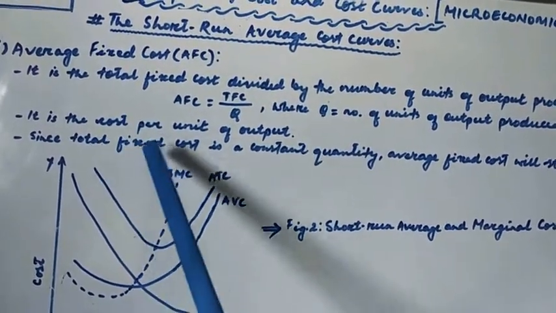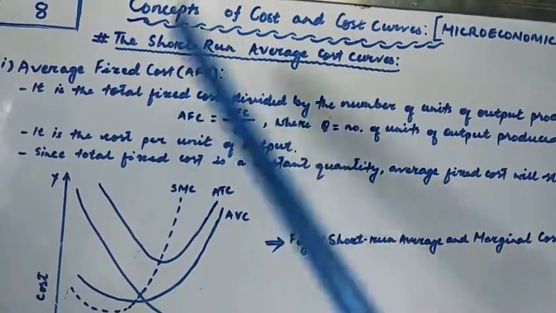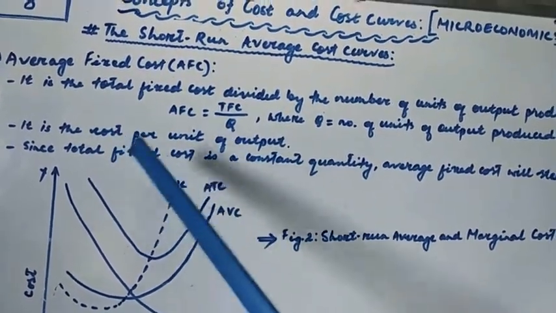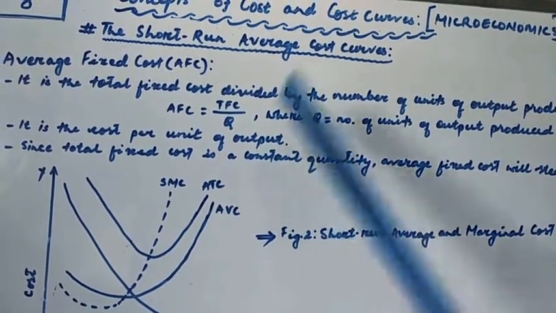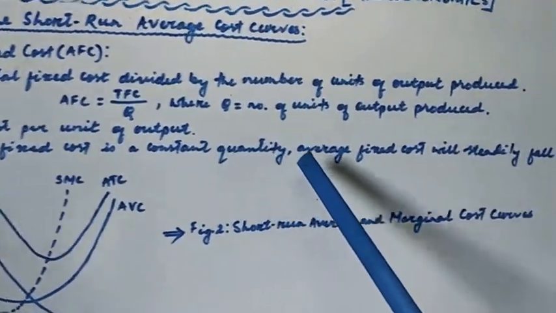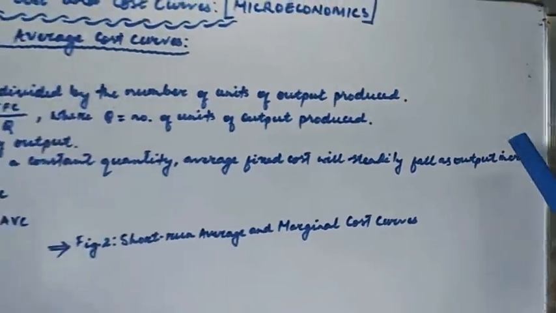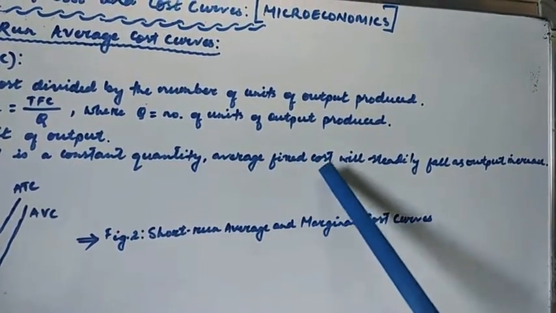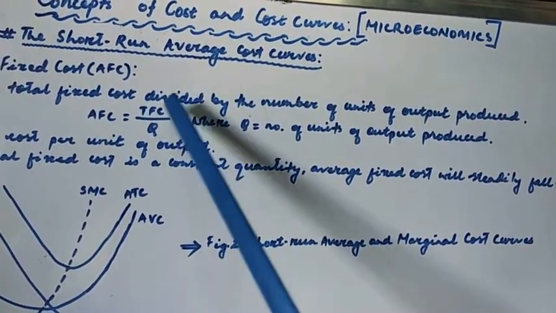Since total fixed cost is a constant quantity, as we discussed in the previous class, no matter the level of quantity produced, the average fixed cost will steadily fall as output increases. Average fixed cost is nothing but the total fixed cost divided by quantity.